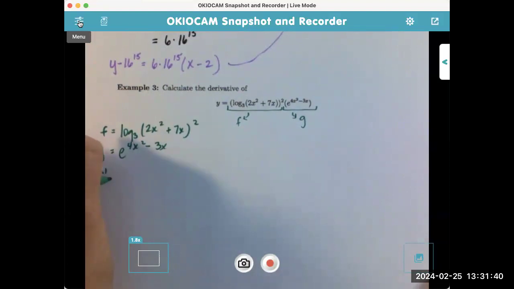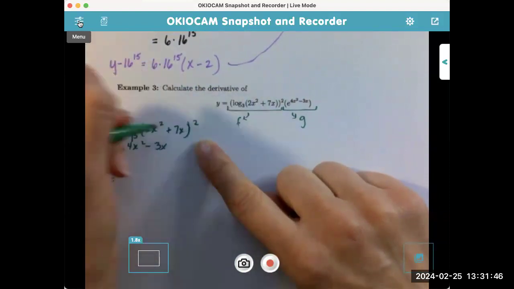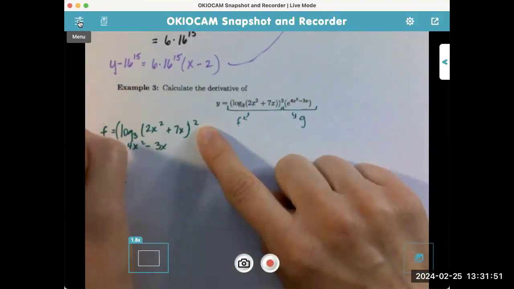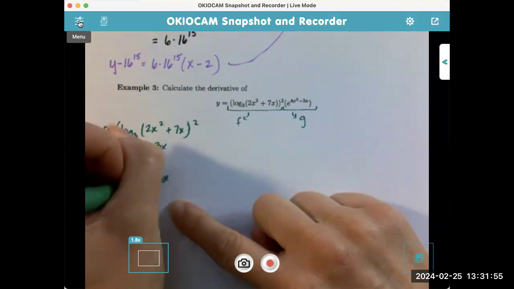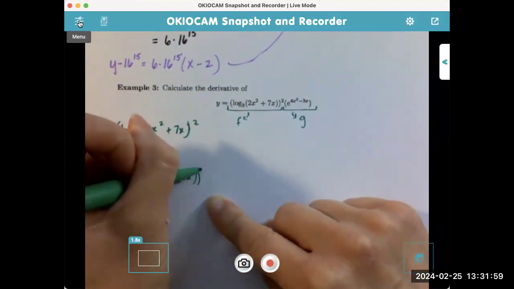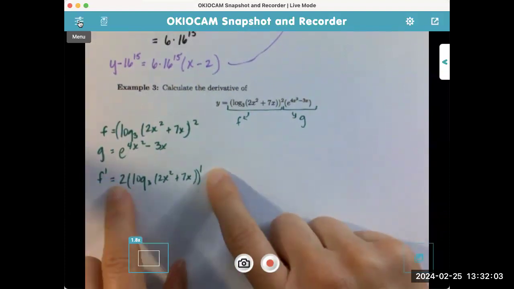Now f prime, so it's 1 over, oh, this whole thing is weird, excuse me. So we have a chain rule. So we have to take care of the 2 first. So it's 2 times, copy paste, log base 3 of 2x squared plus 7x. Now all of this is technically to the first power, right? We just did chain rule of power rule.